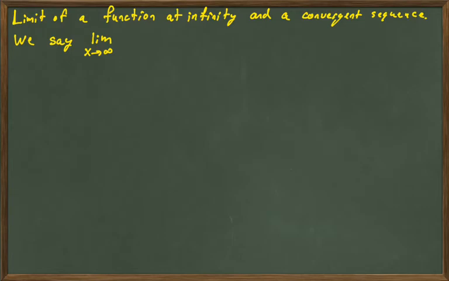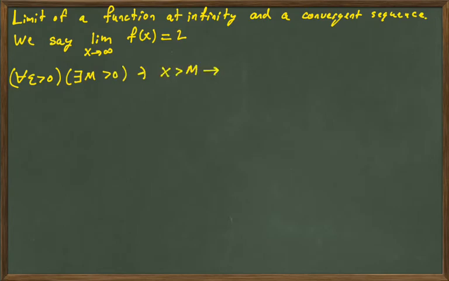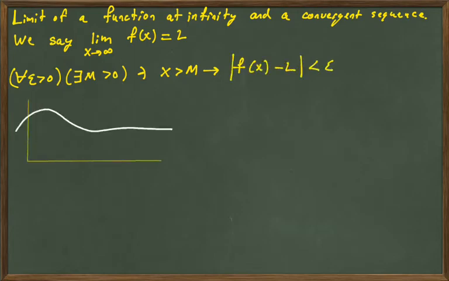We say the limit as x goes to infinity of f of x is equal to L. The epsilon delta definition of limit here would be for every epsilon greater than 0, there exists an M greater than 0, such that if x is past M, greater than M, then the distance between the function and its limit is within epsilon.